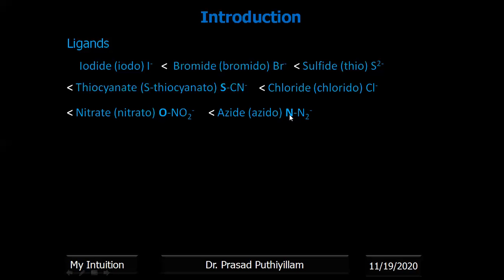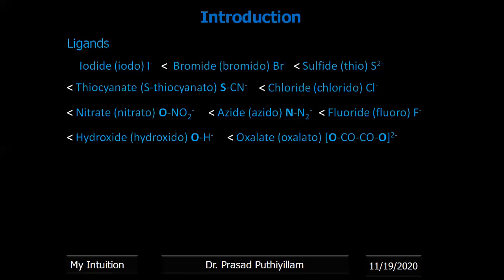Here also N is capitalized, meaning connection through this N. It is a monodentate ligand, but azide or azido are very toxic in nature. Then comes fluoride, F minus. Then hydroxide, hydroxido, OH minus. It is a monodentate ligand, but it is also found as a bridging ligand.